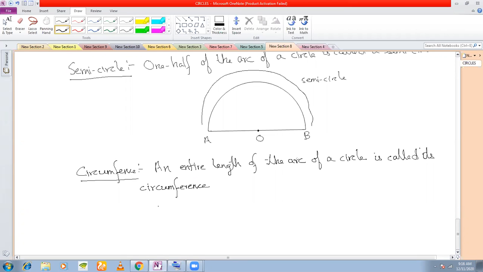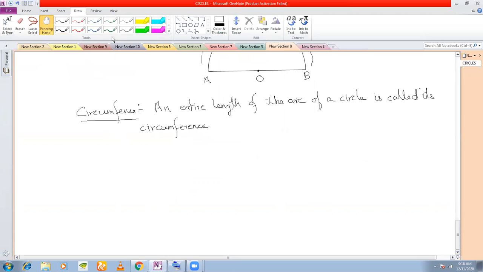An entire length of the arc of a circle is called its circumference. This is the entire length of the circumference, and therefore this is the entire length of the arc. Therefore, this is your circumference.